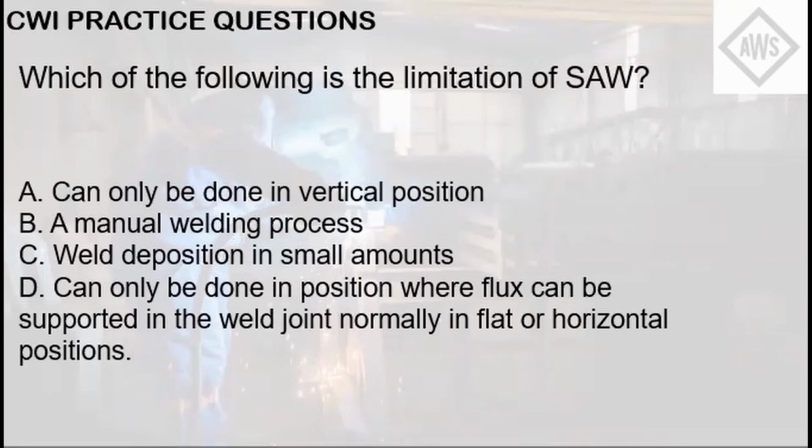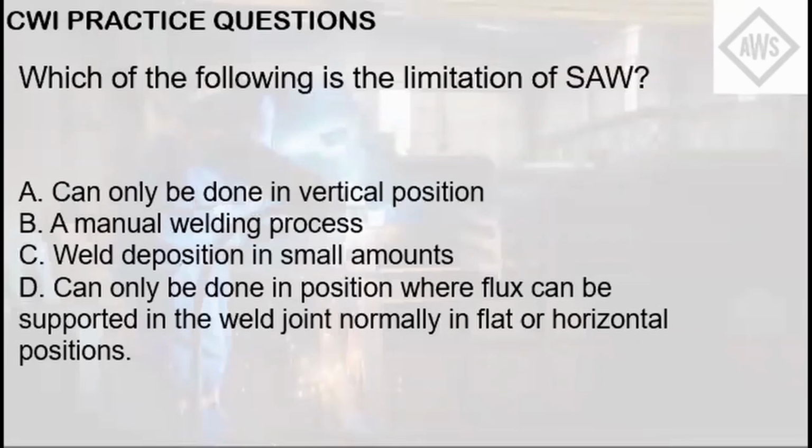Submerged arc welding can be an automatic process, and because of its continuous wire feeding and its big machine, it is known for depositing large amounts of weld metal in the base metal. So that's not a limitation of SAW.